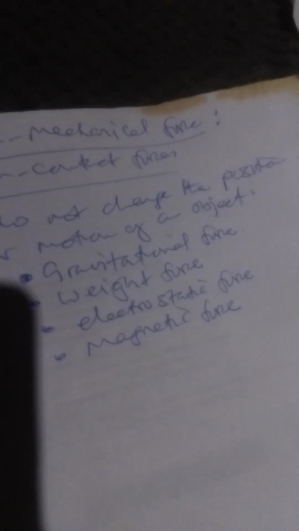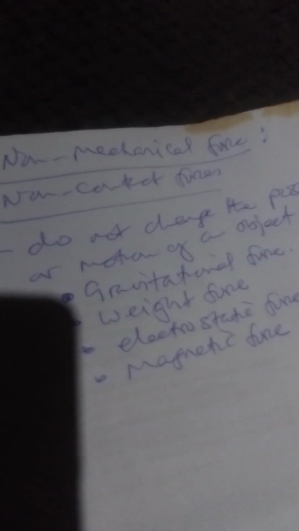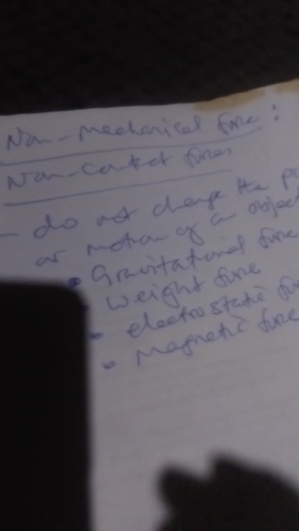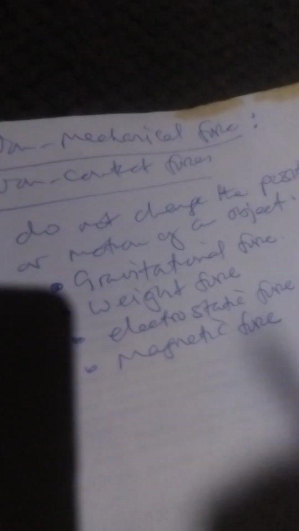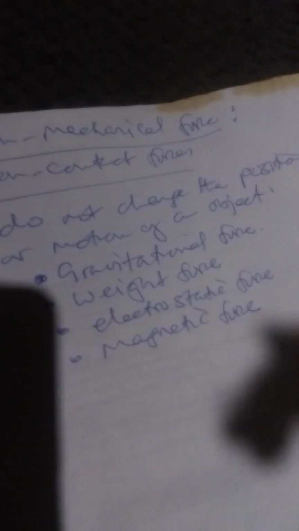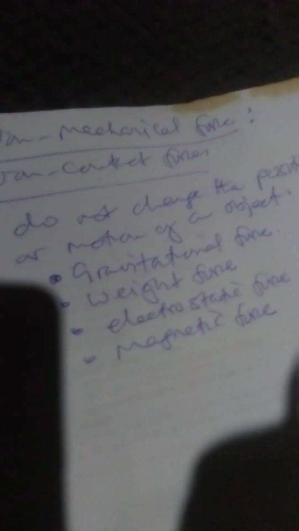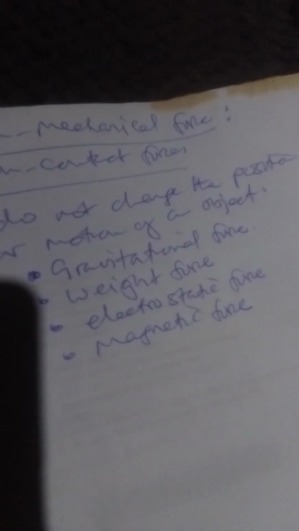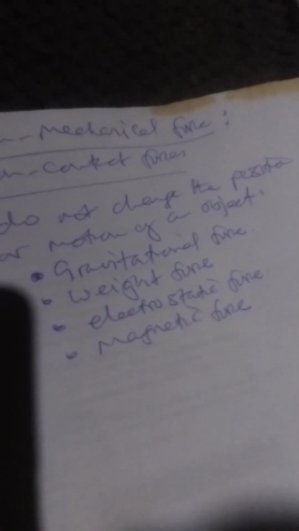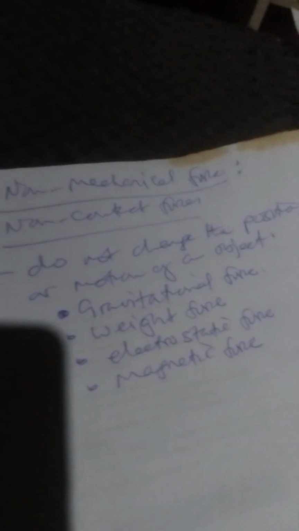Gravitational force is a force of attraction between any two objects in the universe, whilst weight force is the force of attraction that pulls an object towards the center of the earth.